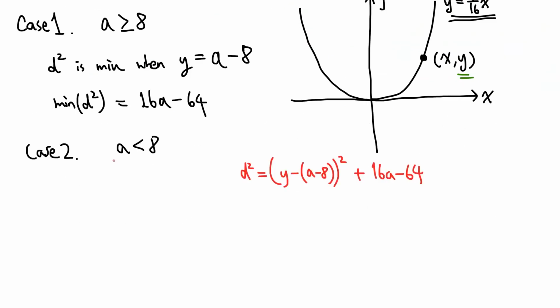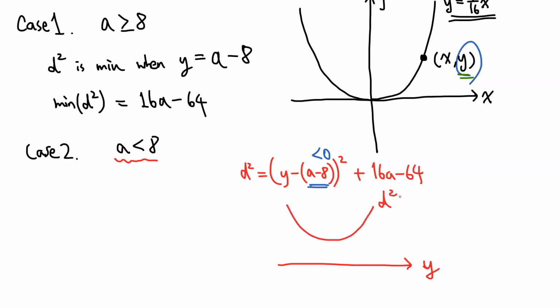And for the second case, when a is less than 8, then a minus 8 is negative, so y cannot have that value. Here, let's examine this d squared with respect to y. d squared is a quadratic function, and the vertex is at a minus 8.